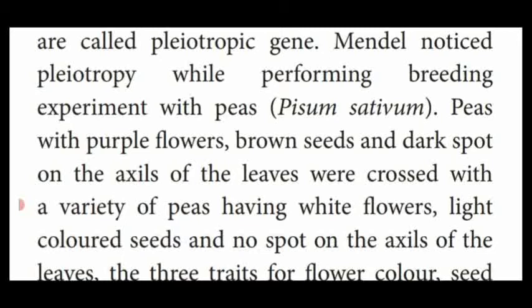What is the axil? The angle between the shoot and the stalk of the leaf is called an axil. In that axil, the leaves have a dark spot. So these are the multiple characters of one parent, which is crossed with another one, peas with white color flowers, light color seeds, and no spot on the axil of the leaves.